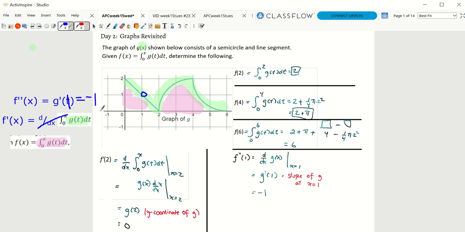Now, if they were asking for g of 1, notice it's not g prime of 1, it's just g of 1. Now it's asking you for the curve, the y value of the curve. Let me rephrase that better. At the second level of the building, the second floor, this is the curve itself.